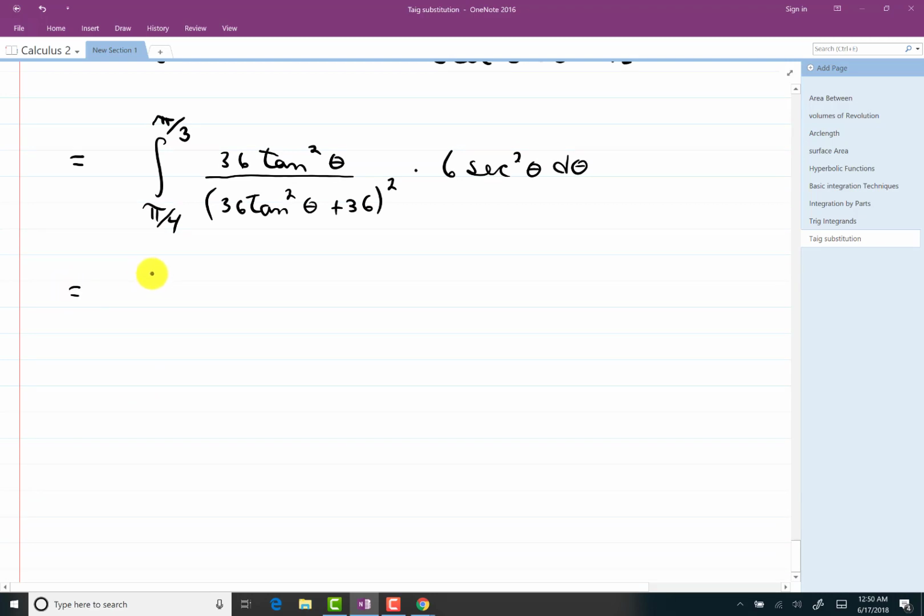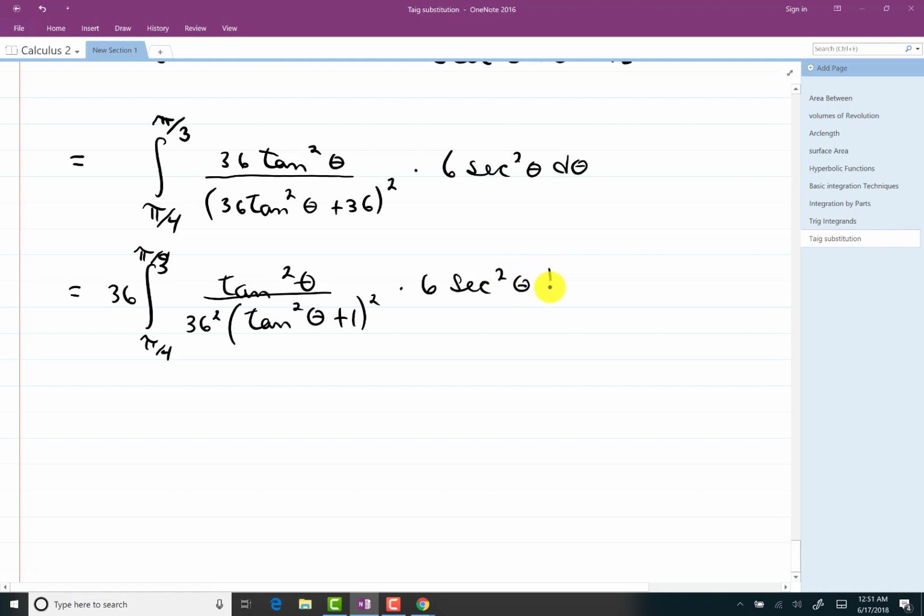All right, this will go from pi over 4 to pi over 3. Let me bring that 36 out there, tangent squared of theta. I think I'll factor out a 36 from there too, so that'll be 36 squared times tangent squared theta plus 1 squared, and then I have a 6 out there, 6 secant squared theta d theta.